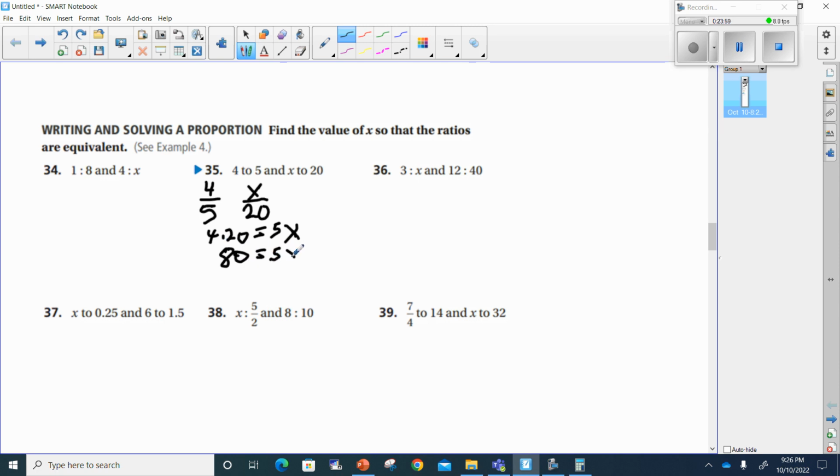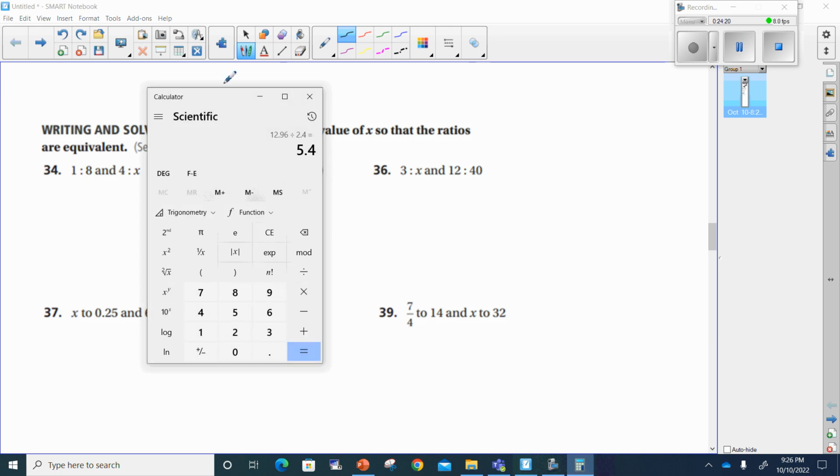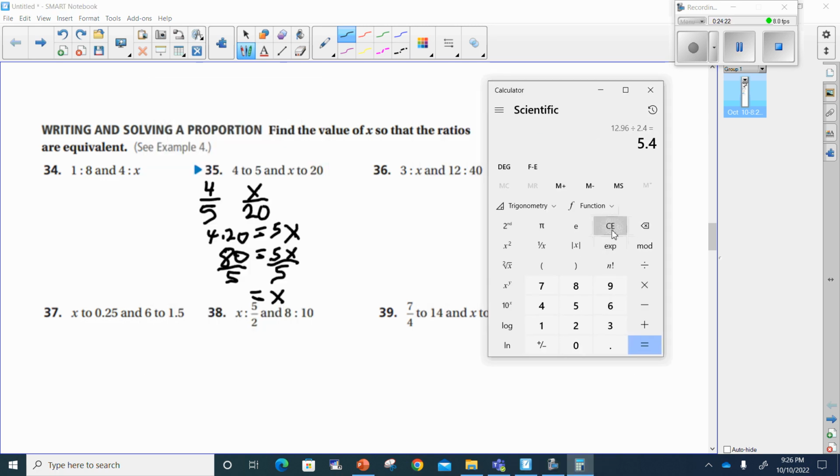Then we're going to have to divide 5x by 5. Now I got 80 divided by 5. Well, I know 40 divided by 5 is 8, so I imagine 80 divided by 5 will be 16. Let's just try that. 80 divided by 5. 16.